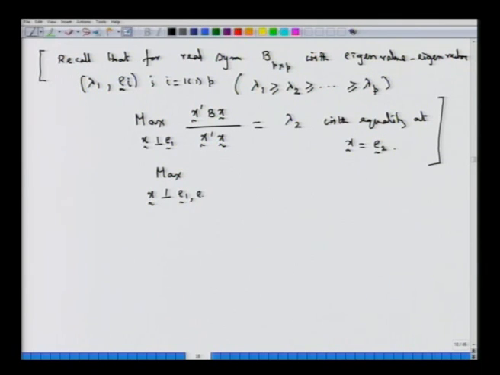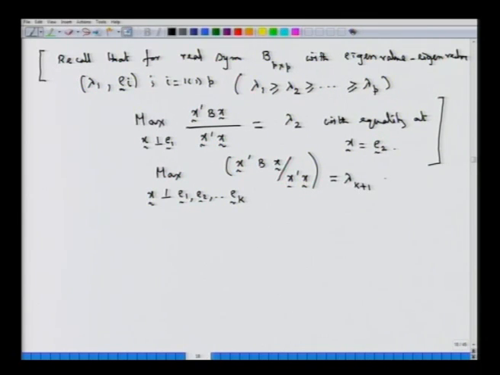Now, in general, one can also say that for the maximum over x such that x is orthogonal to E1, E2, up to Ek, where E1, E2, Ek are the k orthonormalized eigenvectors corresponding to the k largest eigenvalues of this B matrix, if we look at all x's orthogonal to the first k eigenvectors of the same quantity x prime Bx divided by x prime x, then this maximum is going to be attained at lambda k plus 1.